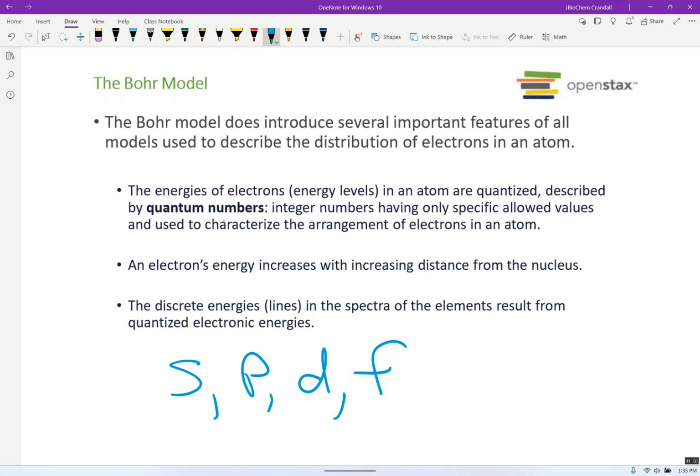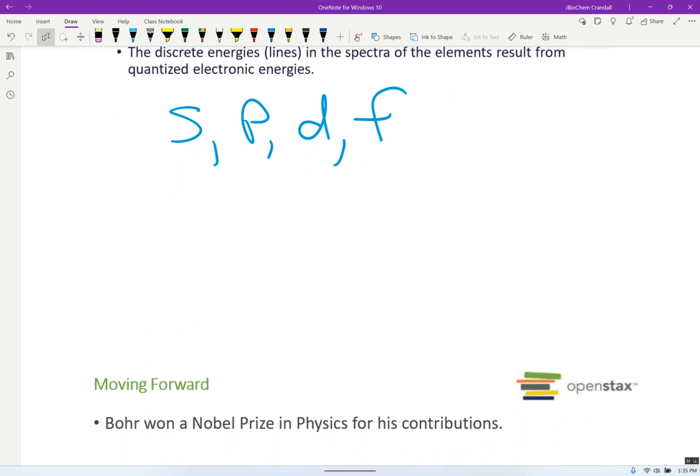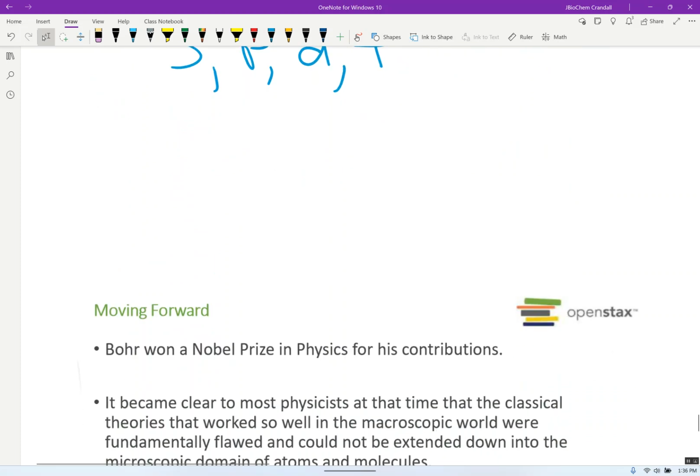The P has the dumbbell-shaped orbitals. And then D just gets into big crazy craziness with the orbitals. And then F is just ridiculous. But the S and P are more the ones that we focus on because we can look at those and describe them more easily than the others.